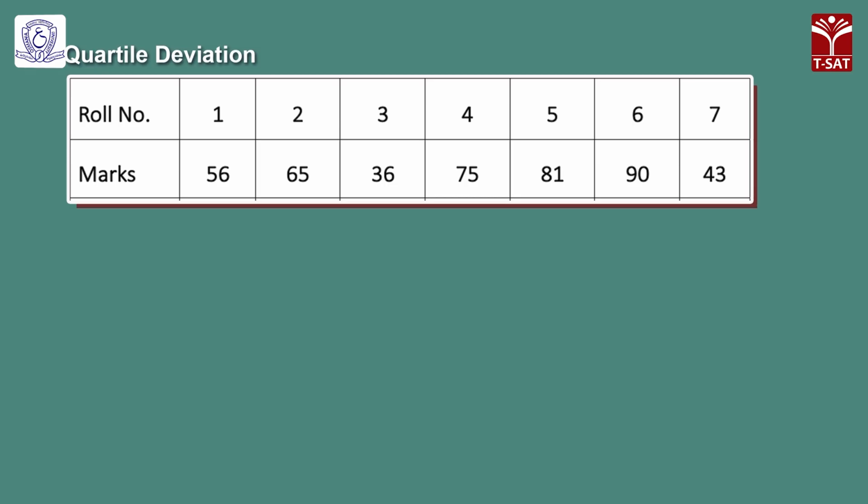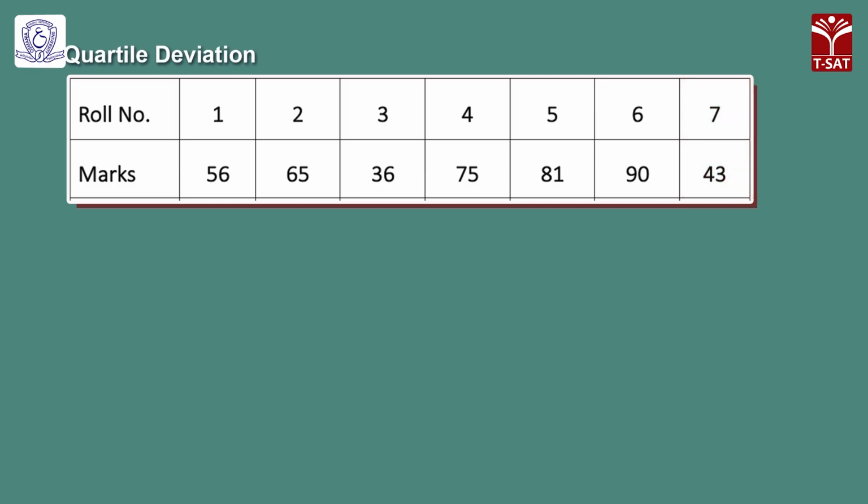A student has secured marks in sociology: roll number 1 has secured 56, roll number 2 has secured 65, roll number 3 has secured 36 marks, roll number 4 has secured 75, roll number 5 has secured 81, roll number 6 has secured 90, and roll number 7 has secured 43 marks.